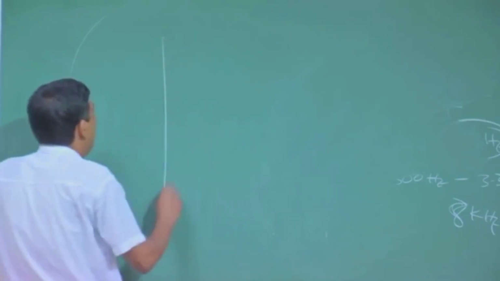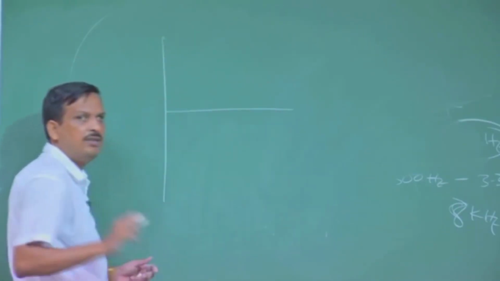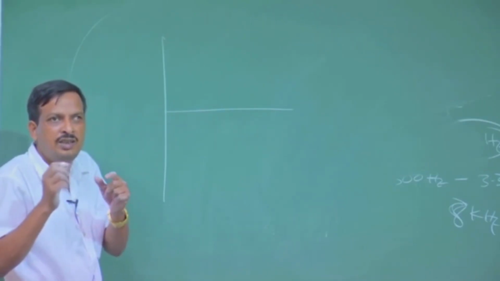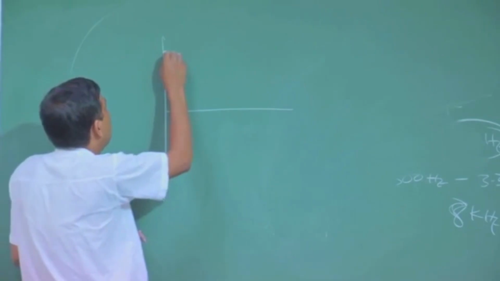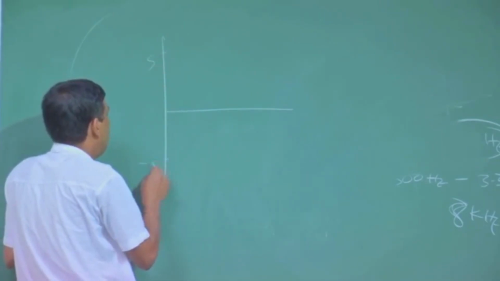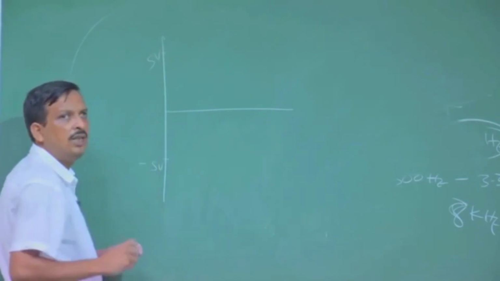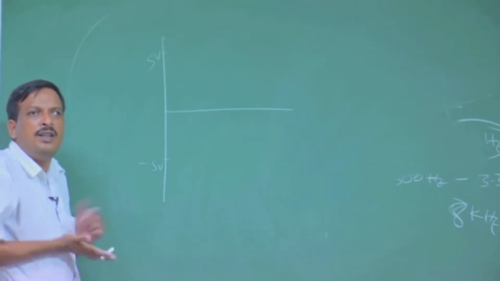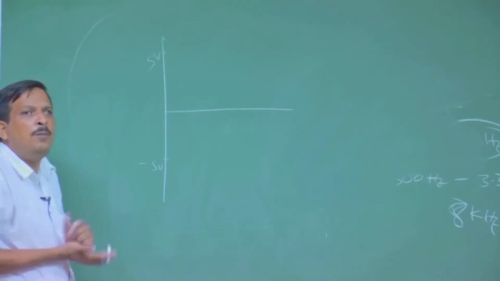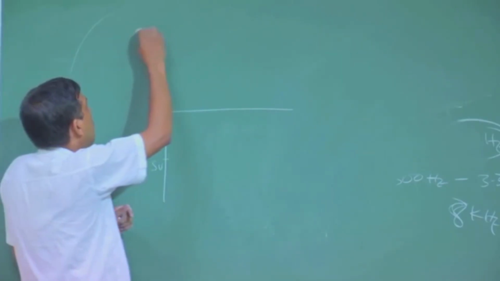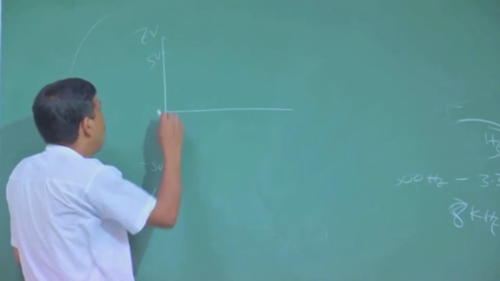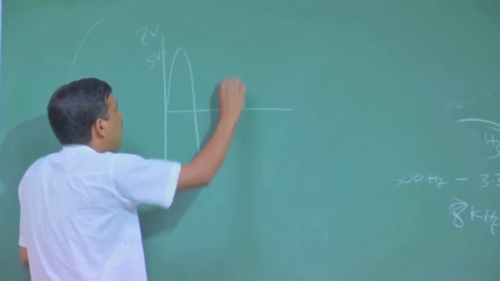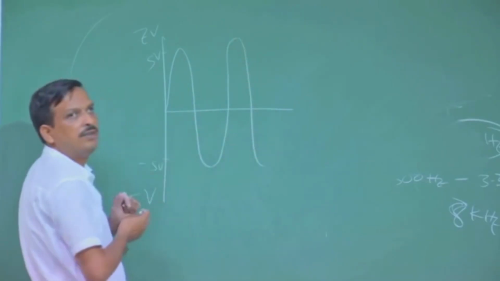Suppose I have my ADC, or the recording volume which controls the ADC level. Suppose this ADC can handle 5 volt to minus 5 volt. Now, if I amplify my sound to 7 volt to minus 7 volt, suppose a sine wave of 5 volt to minus 5 volt, it looks like this.